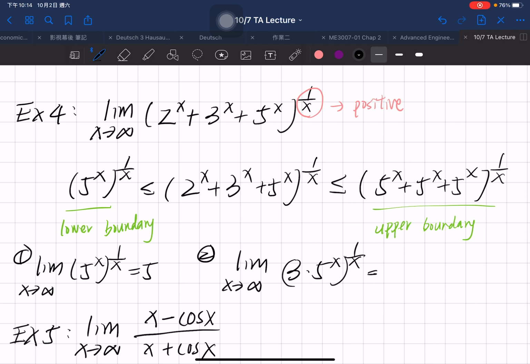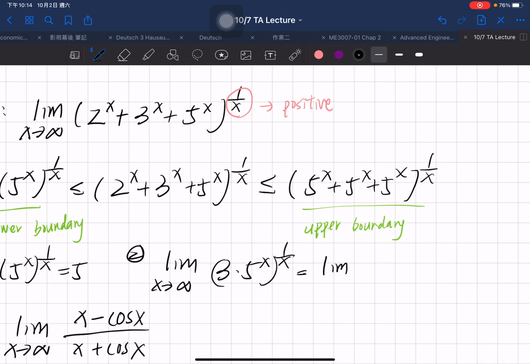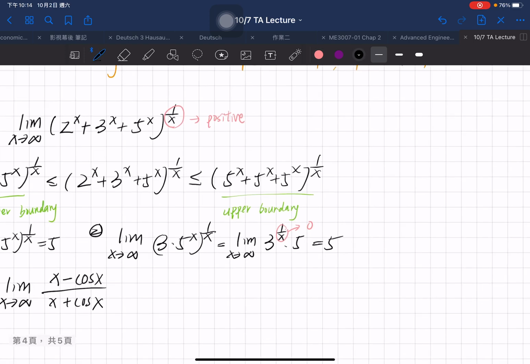You can take these two terms out. So 3 to the 1 over x power, times 5. And we know that this will approach 1, because anything with 0 power equals 1. So it will become 5.